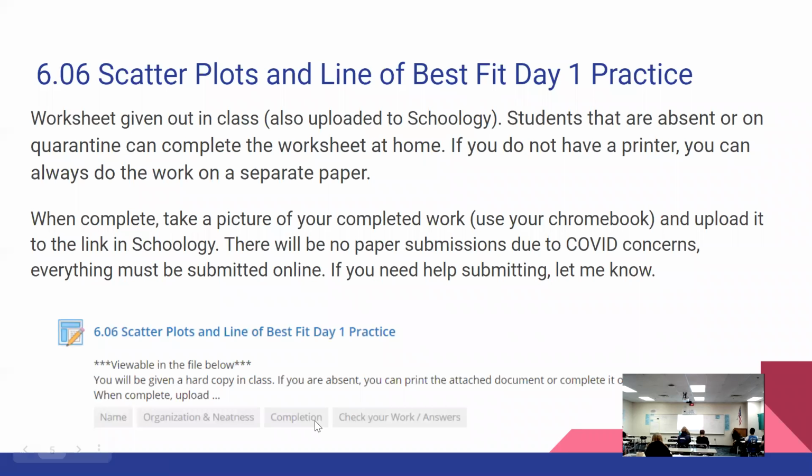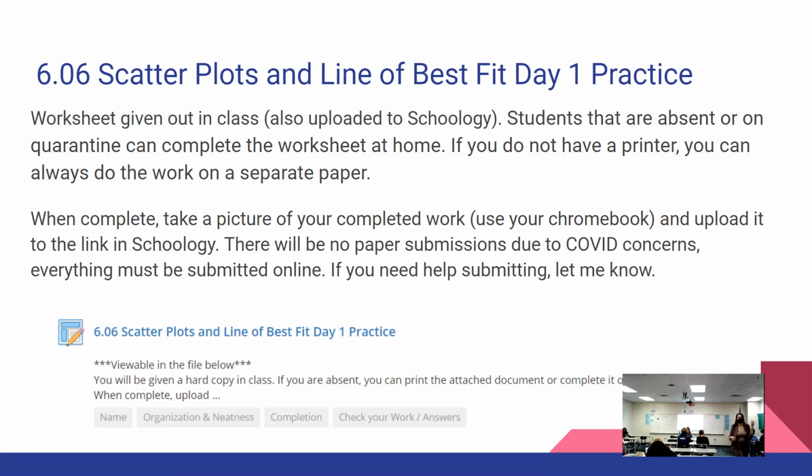The worksheet that you picked up from the back table, you're going to want to write the title of it at the top so that you know where to turn it in. So take 10 seconds right now and write that title on the top of the worksheet that you picked up today. 6.06, scatter plots, day 1 practice.